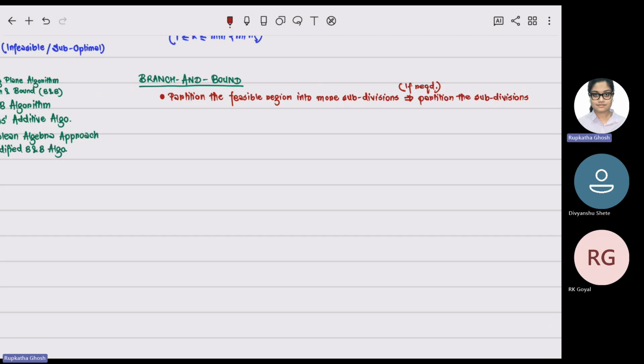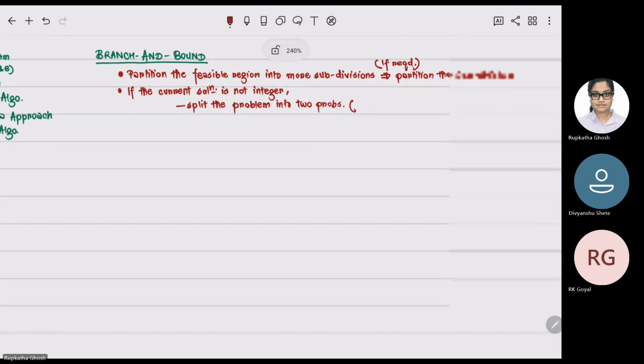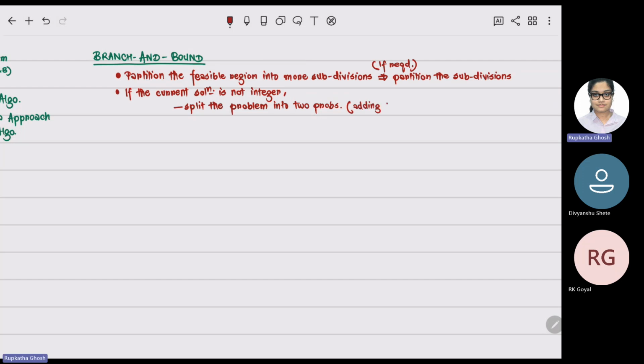But in branch and bound, if the current solution is not integer, then you split the problem into two subproblems with one constraint added to each, and then solve again.